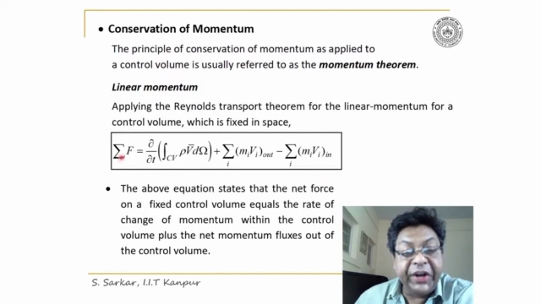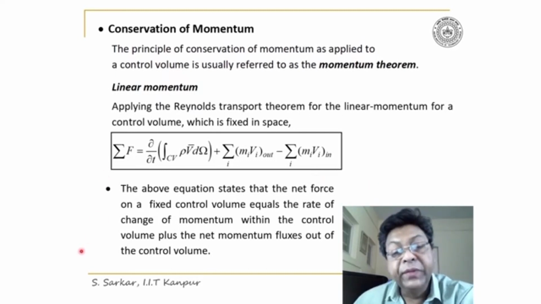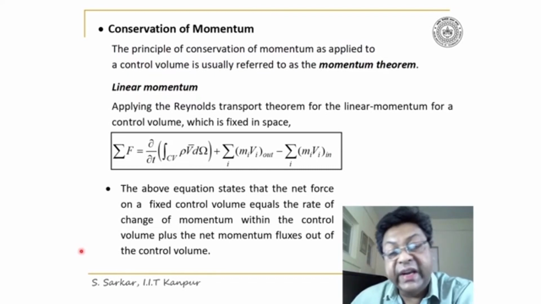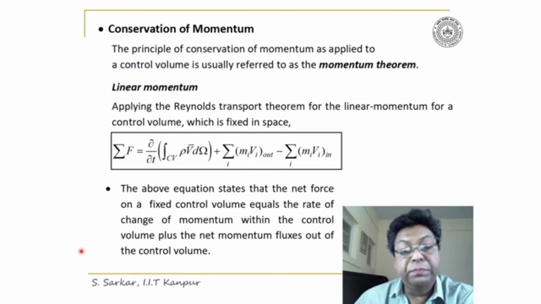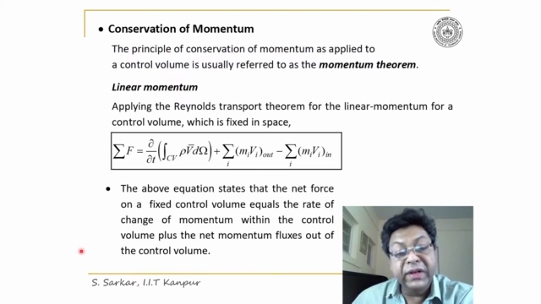This can be stated in words as: the above equation states that the net force on a fixed control volume equals the rate of change of momentum within the control volume plus net momentum flux out of the control volume.